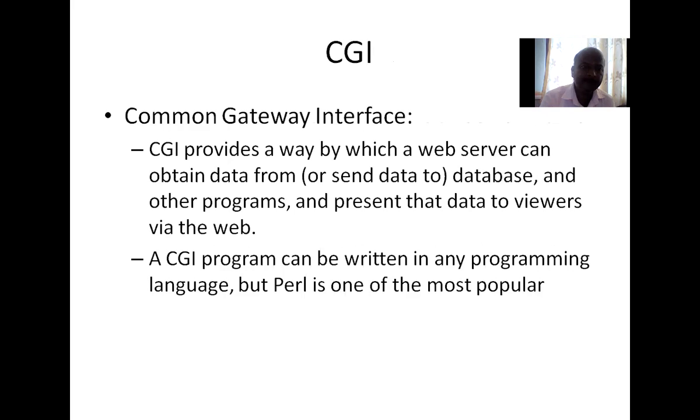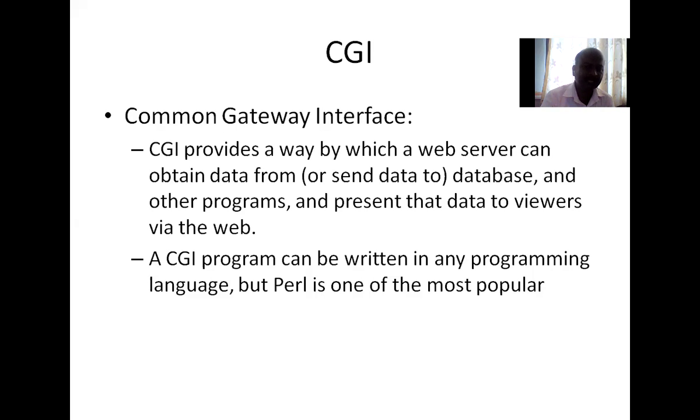First is CGI, that is Common Gateway Interface. CGI provides a way by which a web server can obtain data or send data to a database and other programs and present that data to viewers via the web.